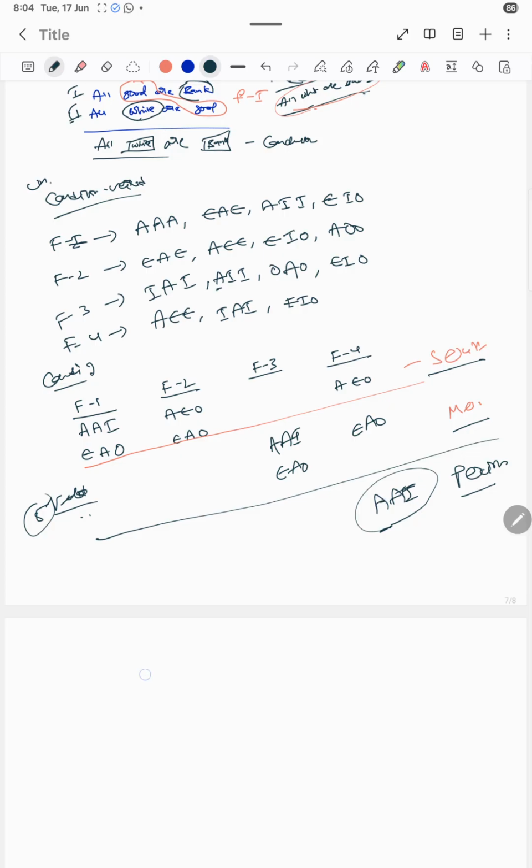And if you see EAO, no S are P, and all, the answer should be some S are not P. If we take this in figure 2, remember that it is a figure 2 statement.